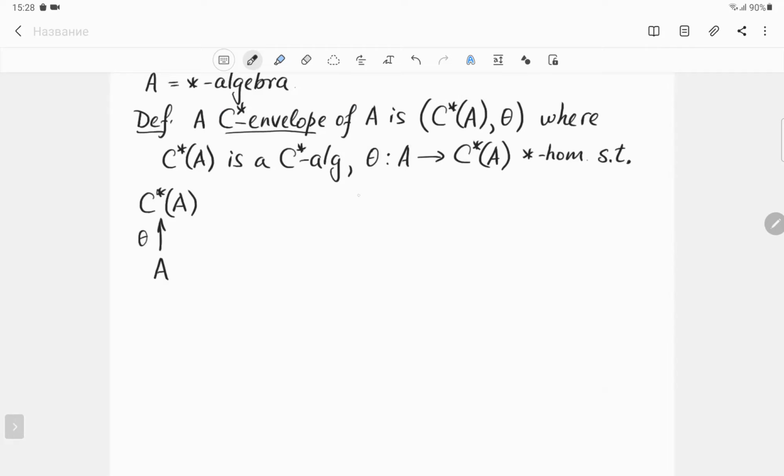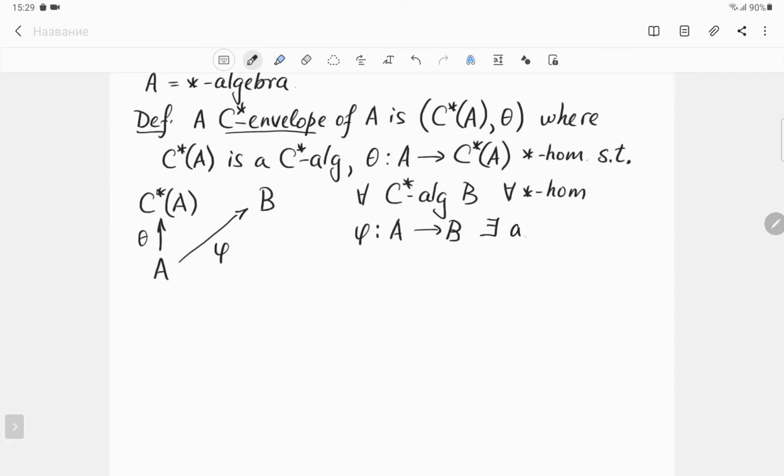So the property is that for each C-star algebra B, so this is our B, and for each star homomorphism phi from A to B, and this is phi on the picture, there is a unique star homomorphism psi from C-star of A to B, this is psi, such that the diagram commutes.